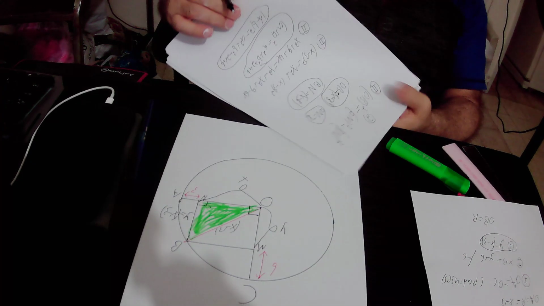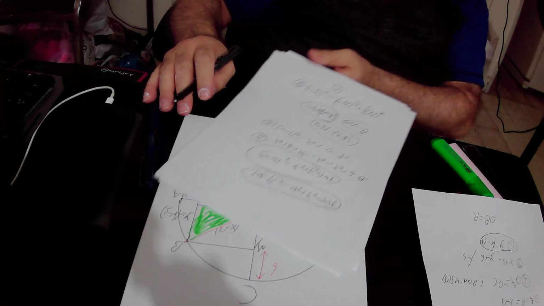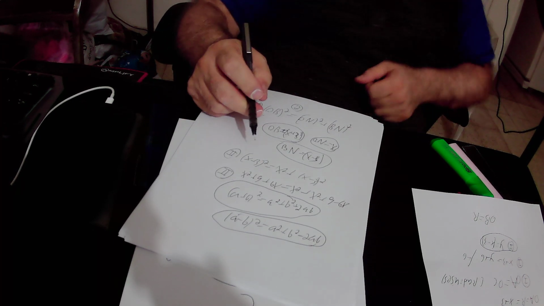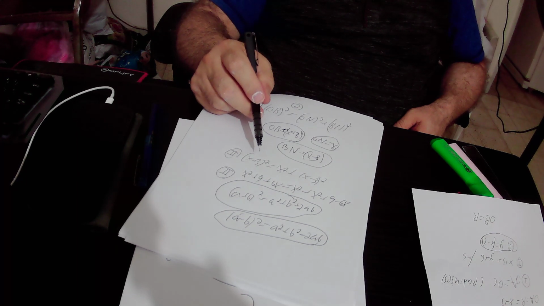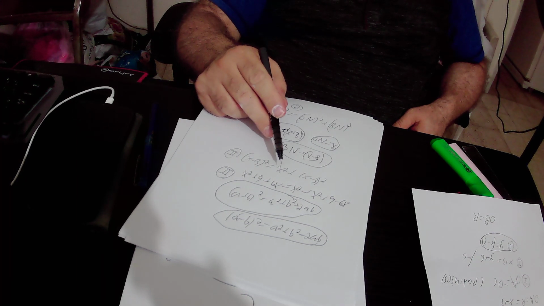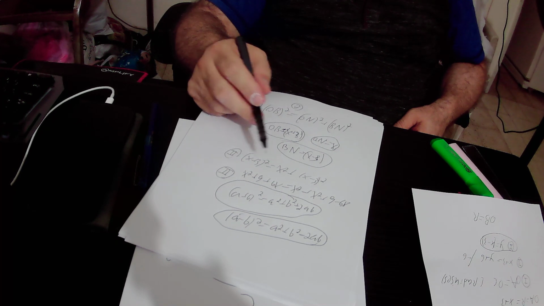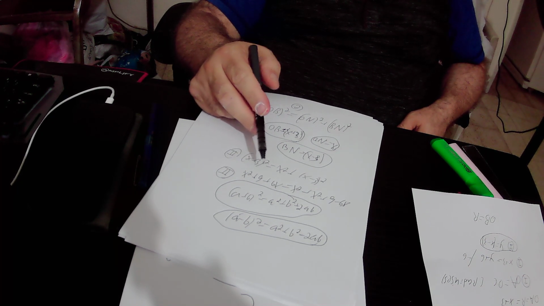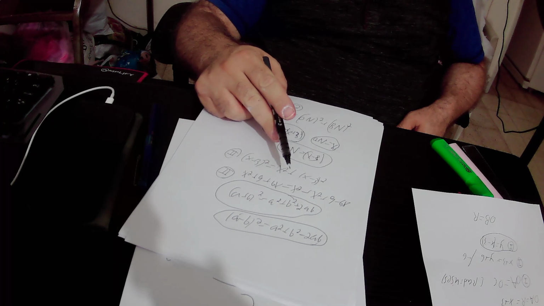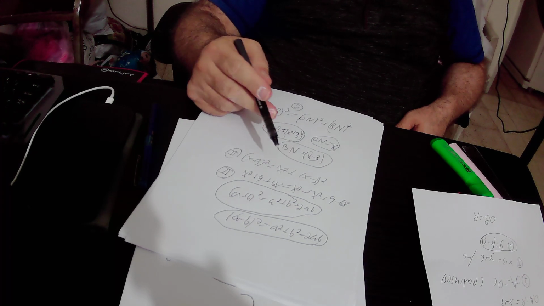So actually, we open the brackets in equation number 2. x plus 3 square equals x square plus 9 plus 6x, according to the formula that a plus b square equals a square plus b square plus 2 times ab.